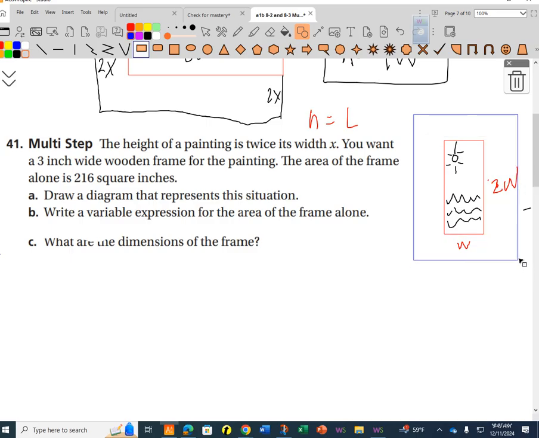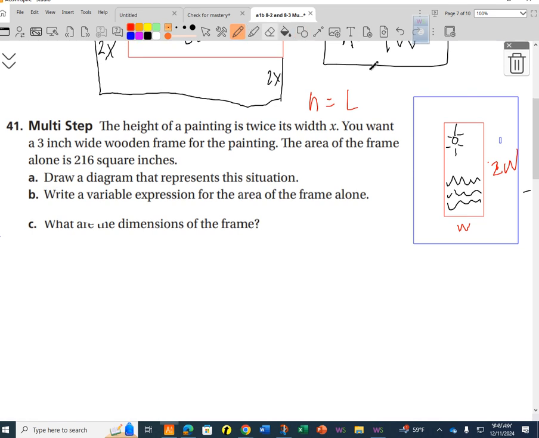Does that kind of look like a frame? This blue part in between here is the frame. So this would be 3 inches. This would be 3 inches. From here to here would be 3 inches. And from here to here would be 3 inches. Does that make sense? Okay.